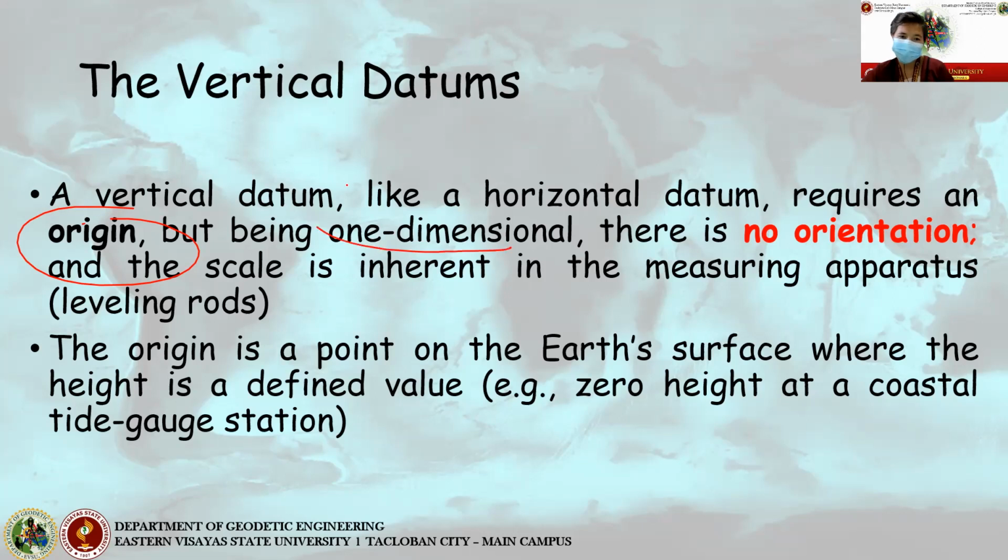But this is one-dimensional, so that is just an elevation, and there is no orientation because it is only height, so there is no need for direction. And a scale is inherent in the measuring apparatus. The vertical datum can be measured using leveling.